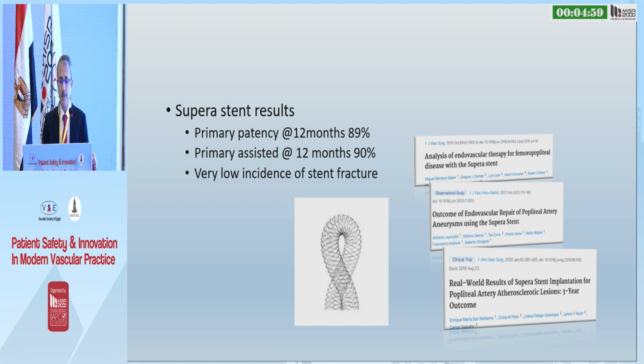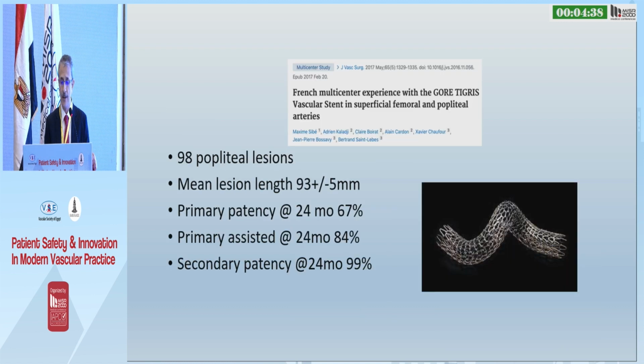The primary patency at 12 months in several publications is approaching 90%, with a low incidence of fracture. There are only case reports of fracture, and this area, the popliteal artery, was famous for fracturing stents. This is not the only stent; another is another option.